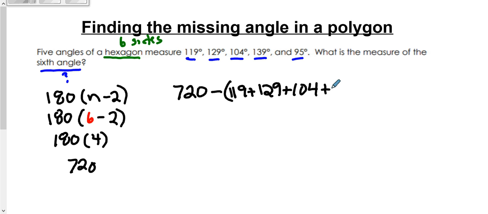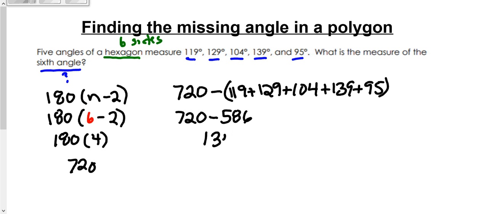All those figures add up to 586. And then 720 minus 586 is 134 degrees, which is our sixth angle.